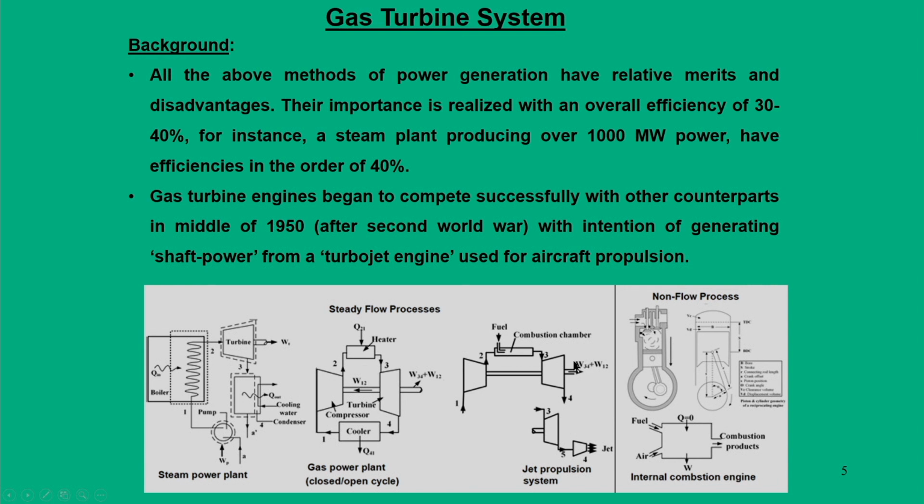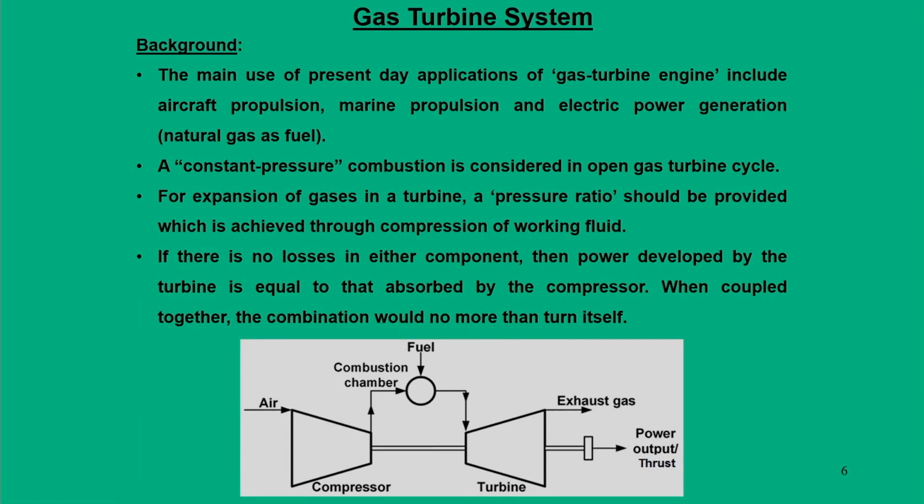In fact, that was a huge success, and after that it found tremendous applications, apart from aircraft propulsion, in marine applications and electrical power generation as well. Here also we use a similar concept to what we use in IC engines, where we use air plus fuel.